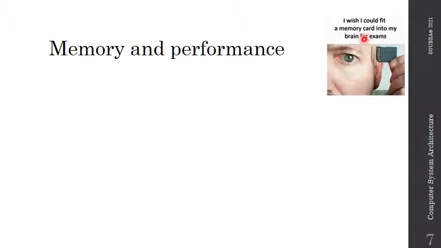Alright, so memory and performance, this is a big question. Oh, by the way, I insist, this is maybe not a funny meme. It is a meme, but there's a message that I'm trying to convey using that meme. It's the fact that you don't need to memorize like a parrot. I said it to my face-to-face students, and I'm going to say it for the ones who did not attend the lectures.